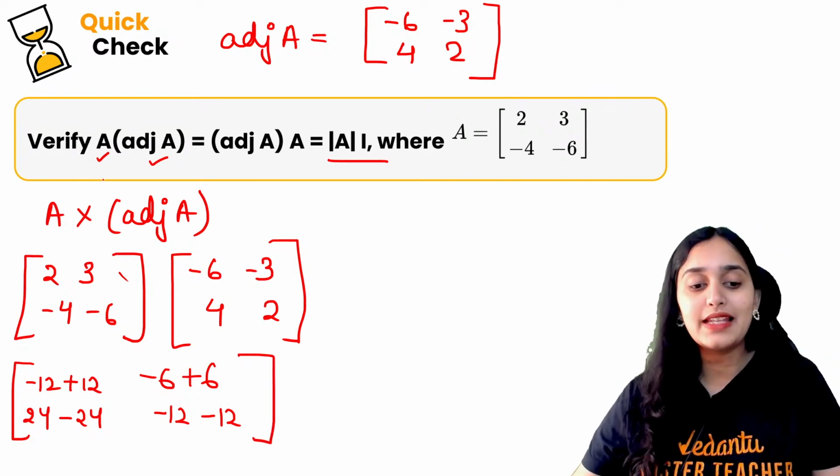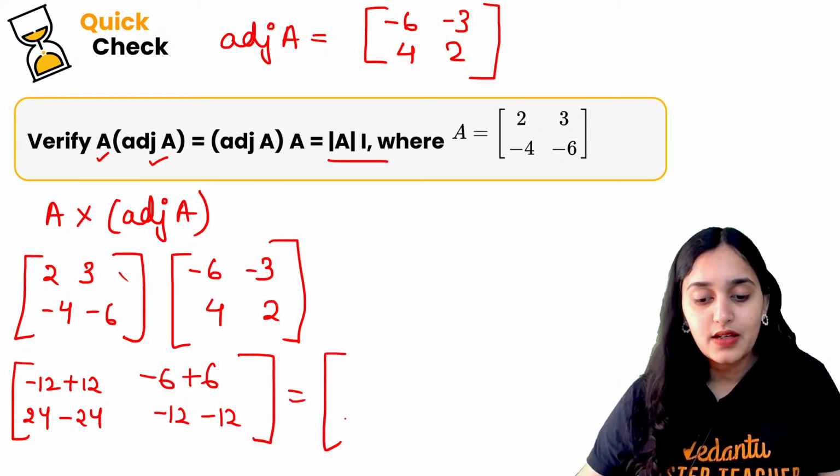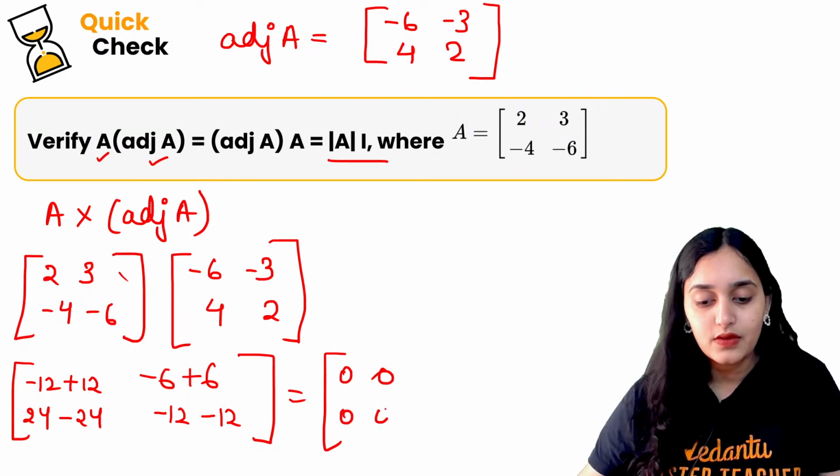So this is A into adjoint of A, which is equal to the matrix 0 0 0 0. So this is my left hand side.